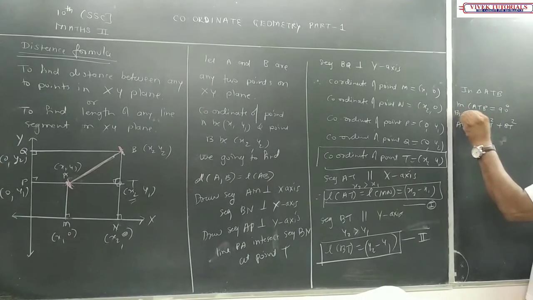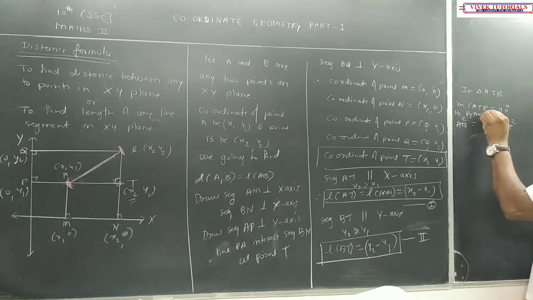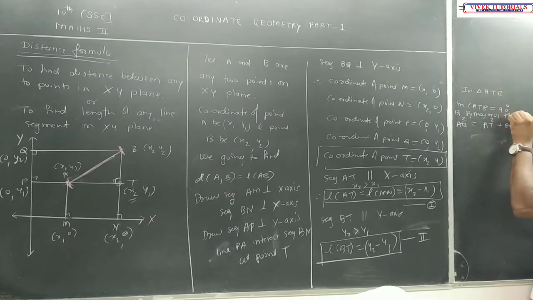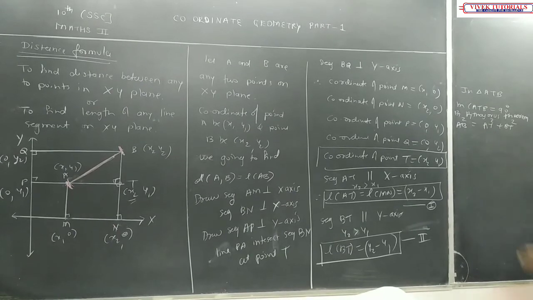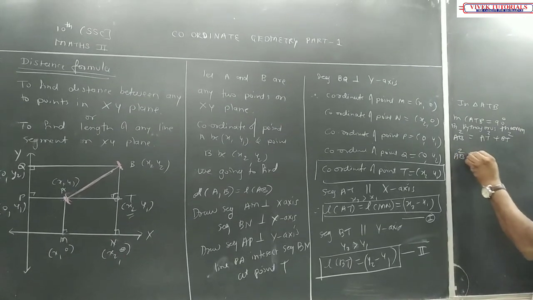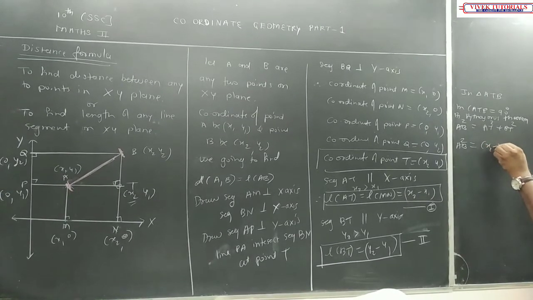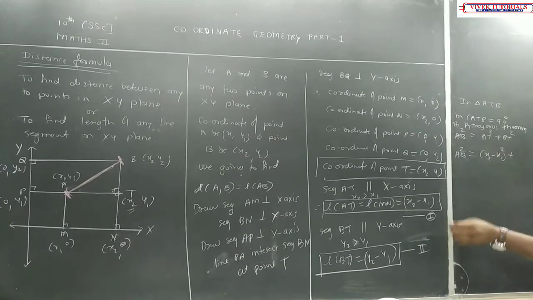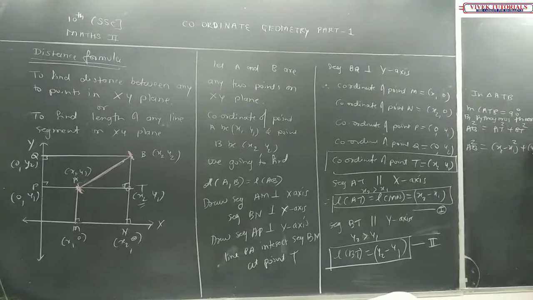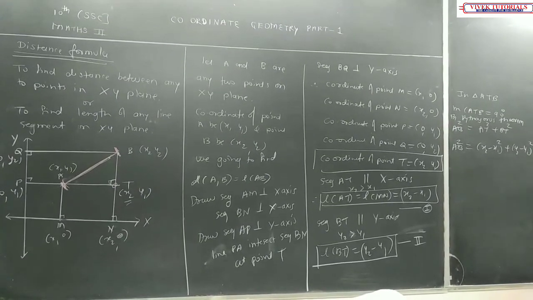Now by Pythagoras theorem, what will happen now? AB square is equal to, what is the value of AT? This will become x2 minus x1 square, and this will now become y2 minus y1 square.